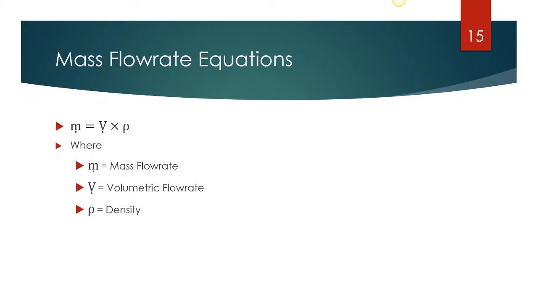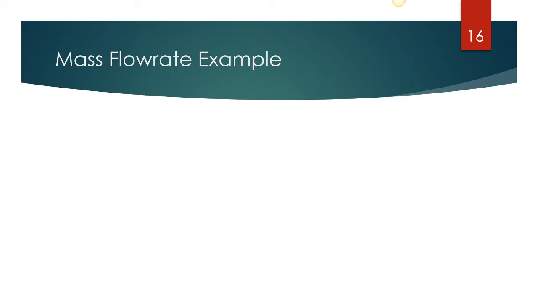The Greek letter rho symbolizes density. We learned that a couple units ago. So all we're doing here is taking our volumetric flow rate, and we're taking the density of the material being pumped into consideration, because that's going to make the mass flow rate change.